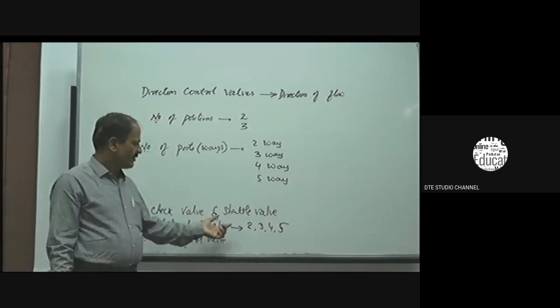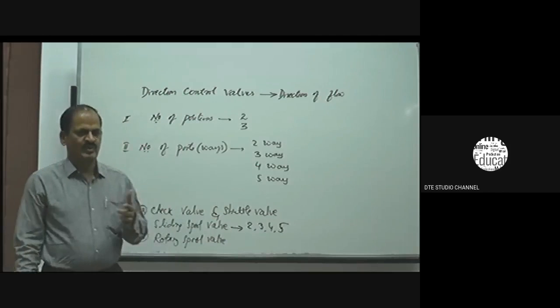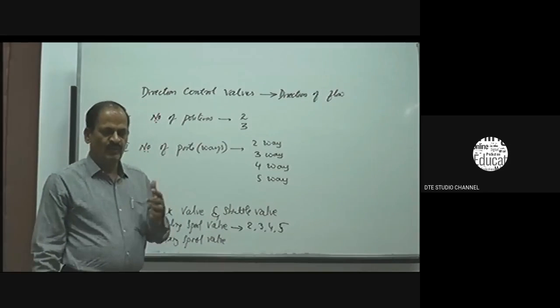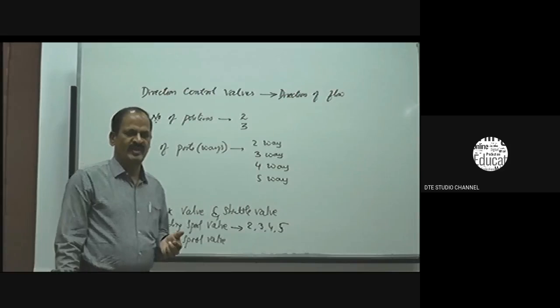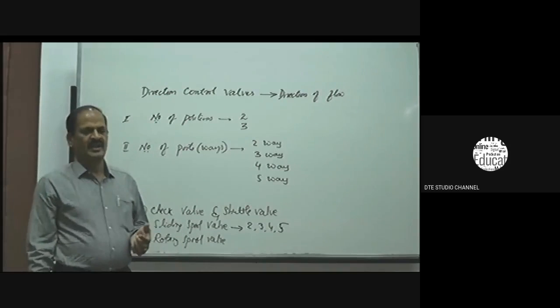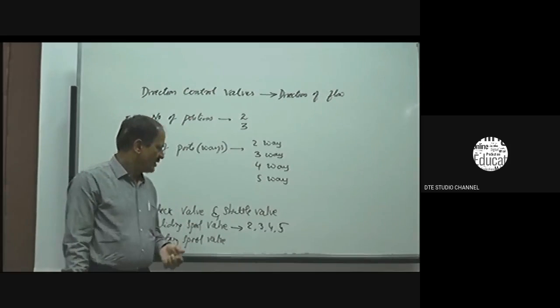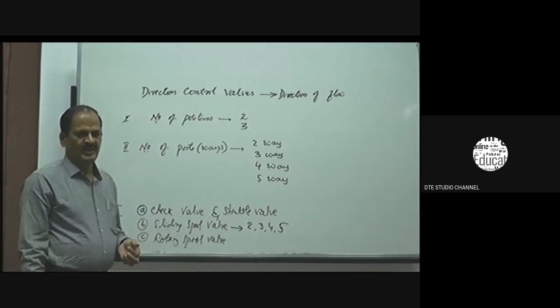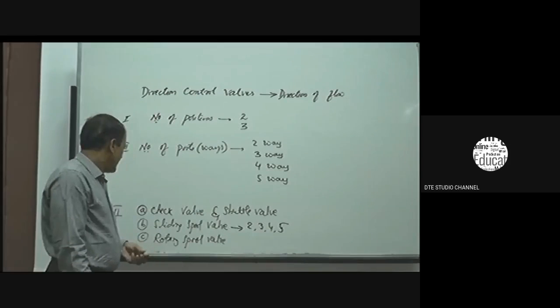In all the cases, the sliding of a spool opens and closes the ports. It may be a pressure port, or a tank port, or working ports. Working ports are usually connected to the two ends of the actuator cylinder.